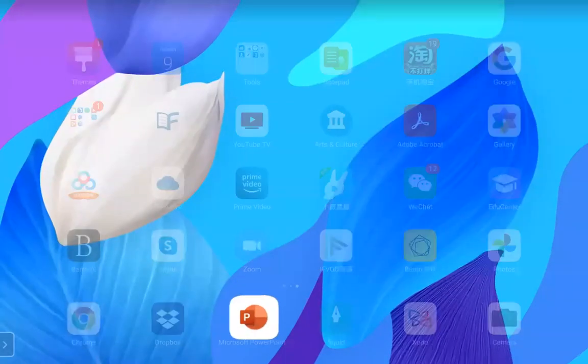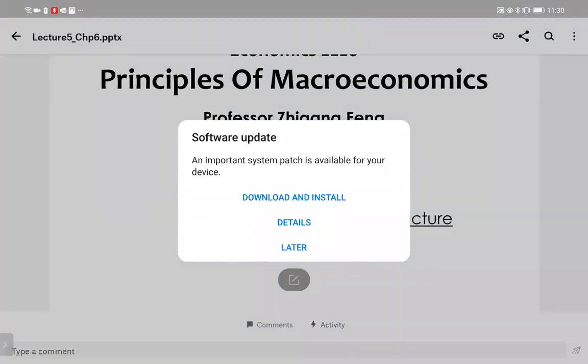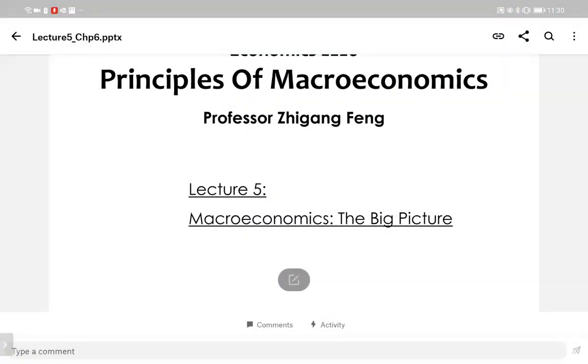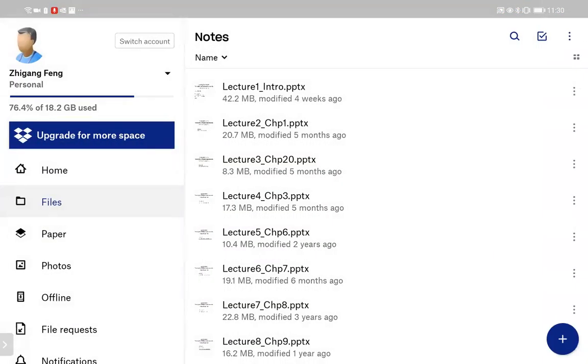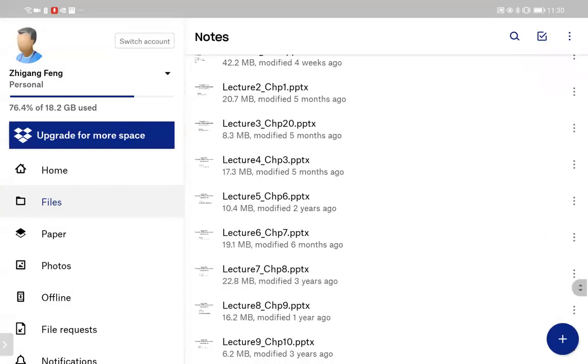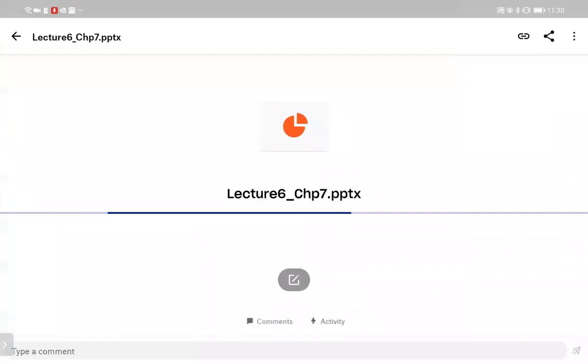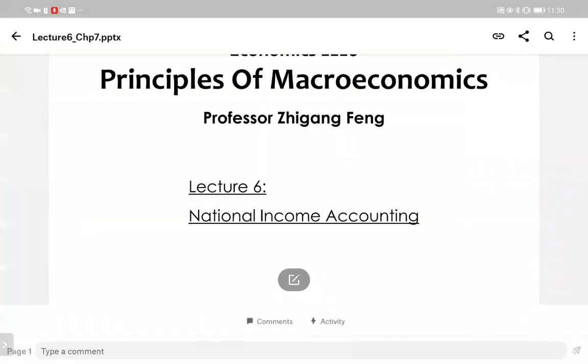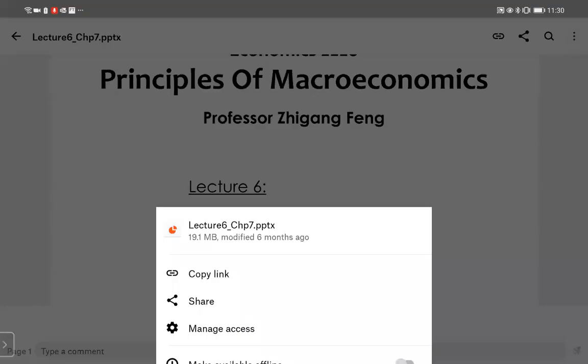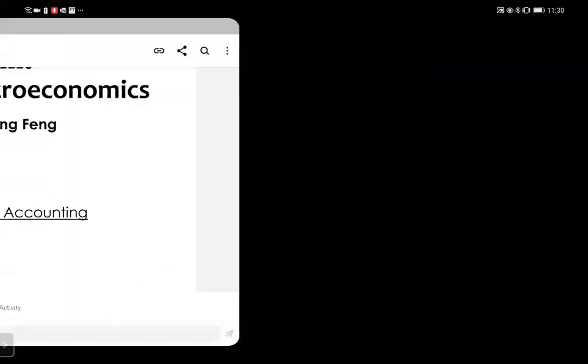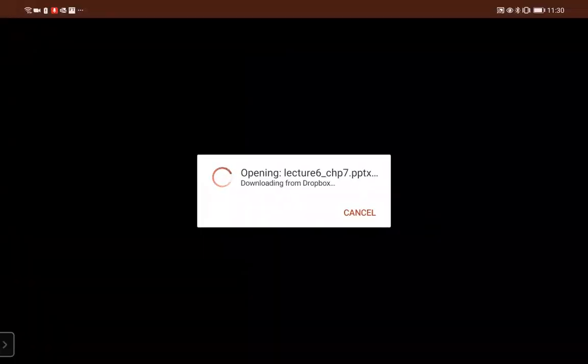Now, let me quickly open the next chapter and give you an overview of what we are going to do next. The next chapter, we will look at measurement.